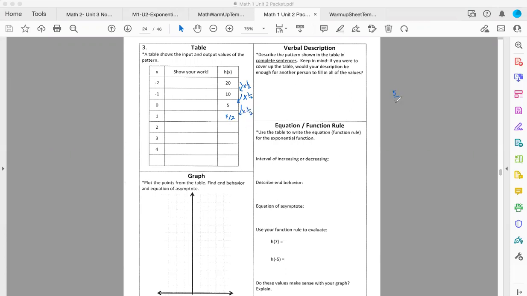You have 5 halves, and you're multiplying it by half. That's like multiplying the 2 in the denominator by another 2. That should be 5/4. And then you're multiplying that by half. So it's going to be 5/8. And then 5/16, and then 5/32.